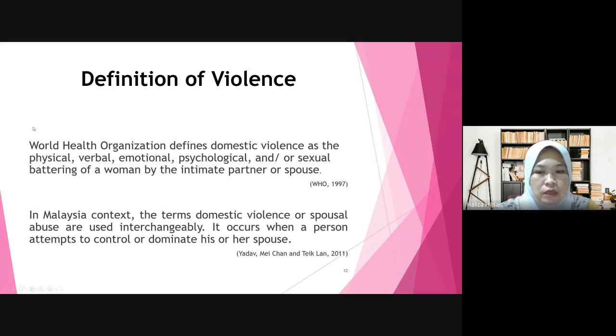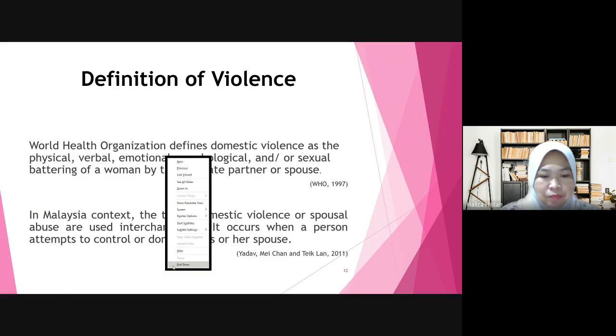Okay, WHO in 1979 defined domestic violence as the physical, verbal, emotional, psychological, and or sexual battering of a woman by an intimate partner or spouse.